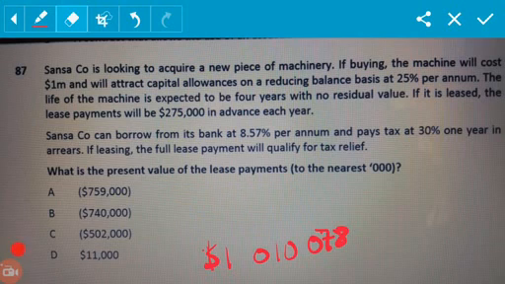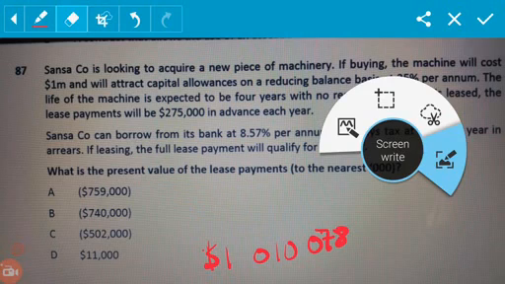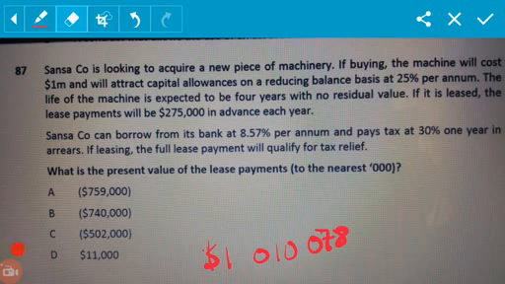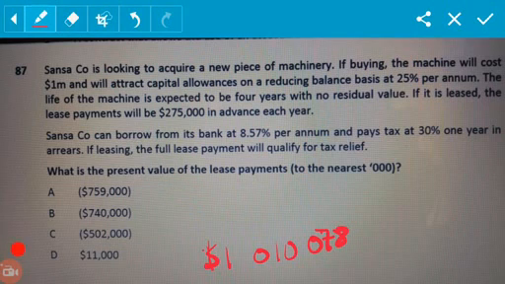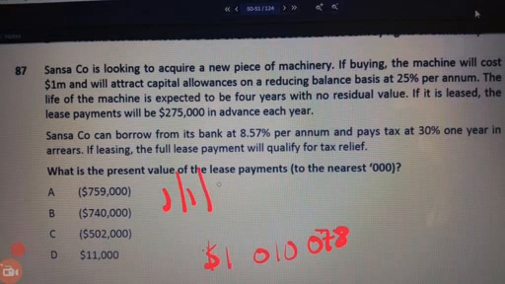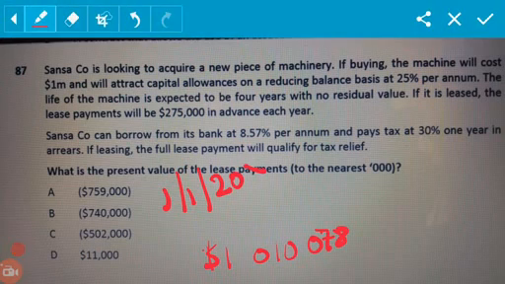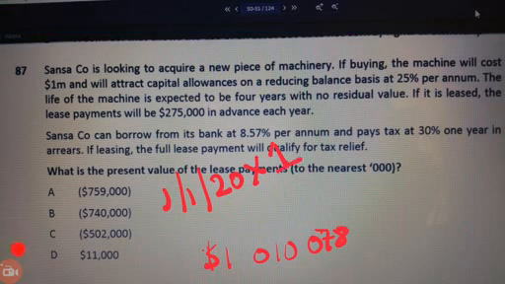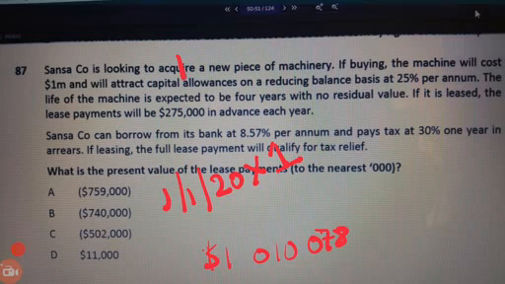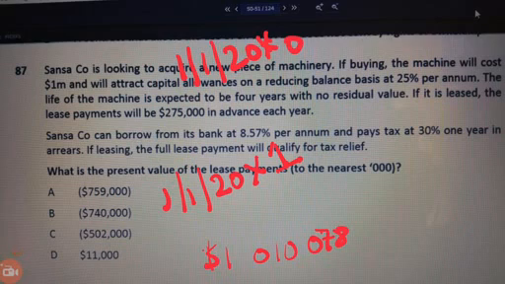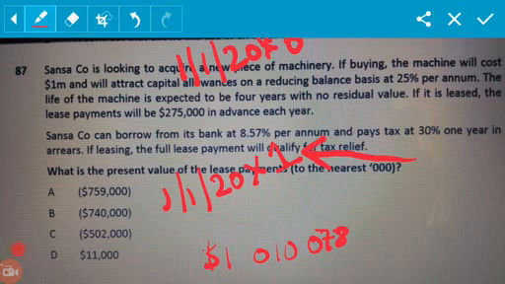You would be discounting the tax allowances back to a certain period, which for argument's sake would be the 1st of January 20x1, which is 1 year after our original contract was entered into on the 1st of January 20x0.